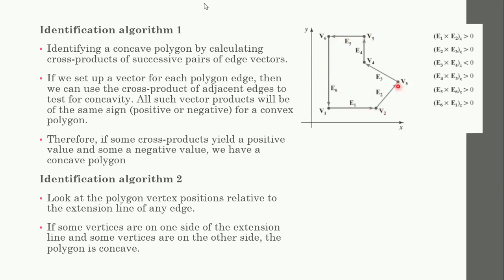Suppose for this particular concave polygon, you get E1 cross E2 greater than 0, E2 cross E3 greater than 0, but E3 cross E4 less than 0. So you have how many positive signs and how many negative signs here.